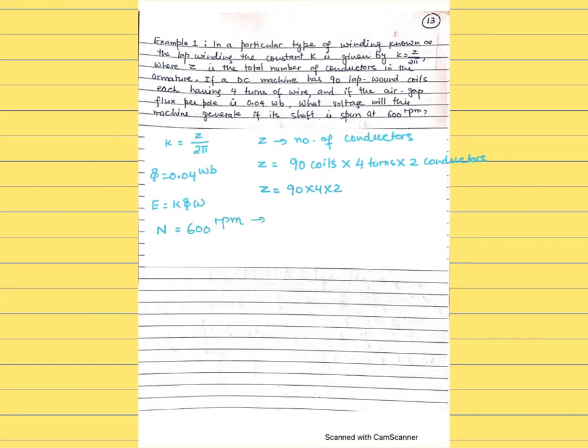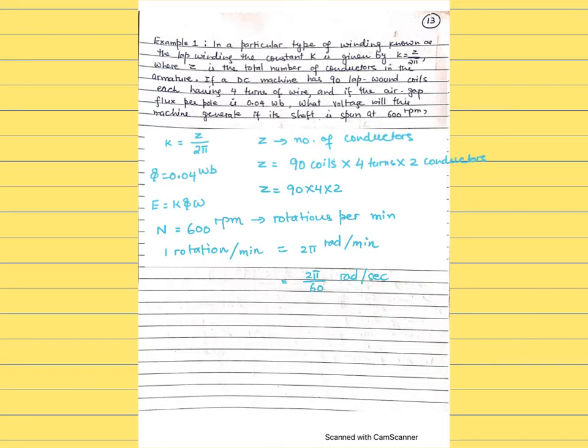RPM is rotations per minute. But in the equation we have omega in radians per second. So how do we relate those two? One rotation equals 2 pi radians. If you say 1 rotation per minute, it is 2 pi radians per minute, and 2 pi radians per second would be 2 pi over 60 radians per second.